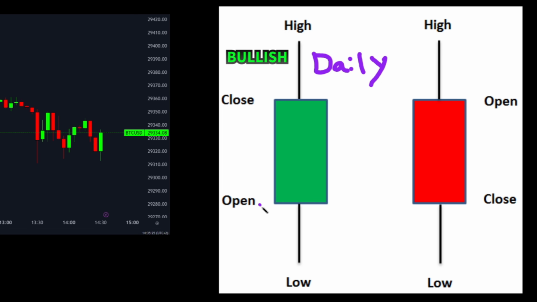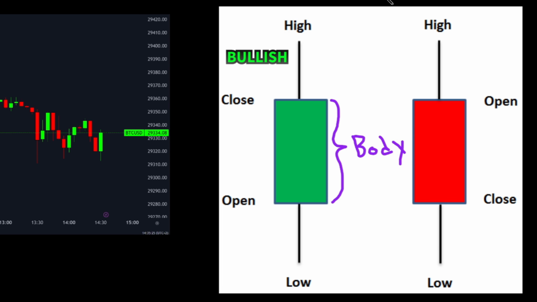This basically means that within the day, the price actually went down and reached a lowest point all the way down here, and it also went up and reached a highest point all the way up here. So perhaps for this candle, the price might have looked something like this. It started, it went down, then it went all the way up here and went down and closed at this point right here. The wide or fat part of the candle is called the body or real body of the candle, and the smaller black lines are called candlestick wicks.